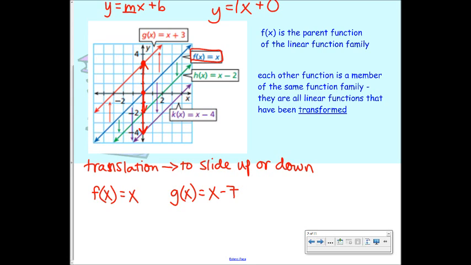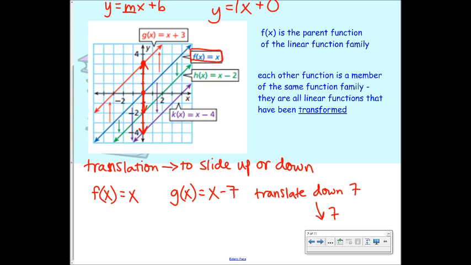It's a translation. Which way? Down how many? 7. So your answer would be translate down 7. Or you could put an arrow and 7. However you want to shortcut that, that's fine. Translating down 7. All right?